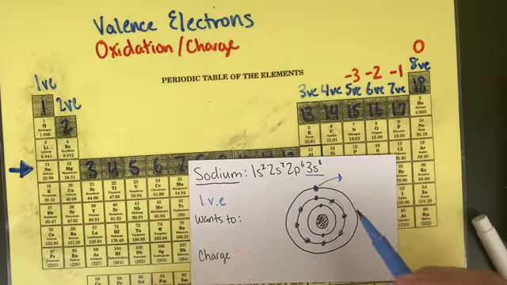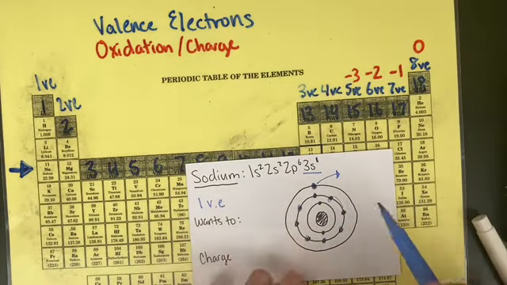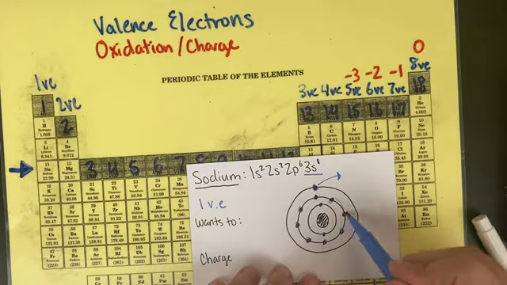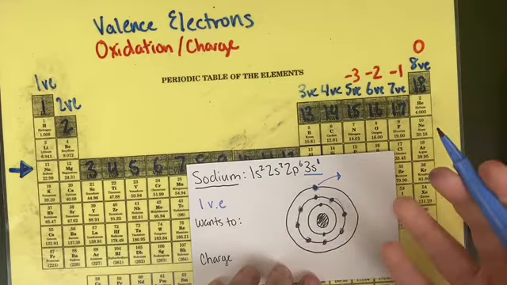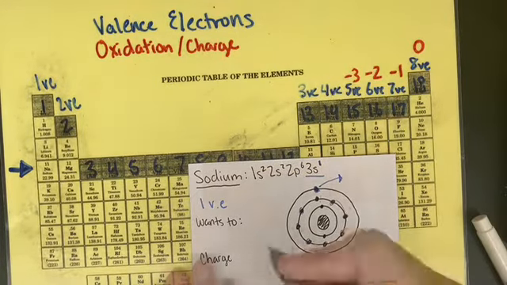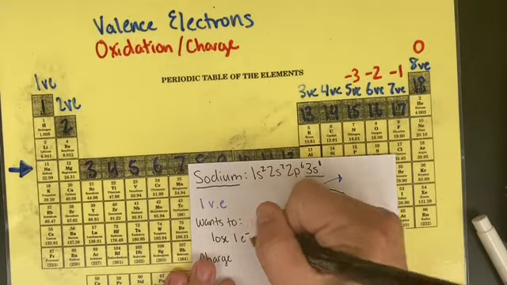And when it does that, picture this whole outer energy level disappearing. Then it has the second energy level, which has 8, as its outermost energy level, and it's happy. So sodium actually wants to lose 1 electron.